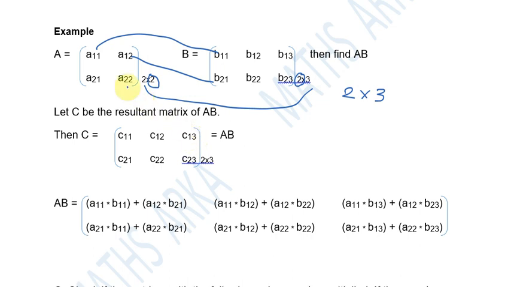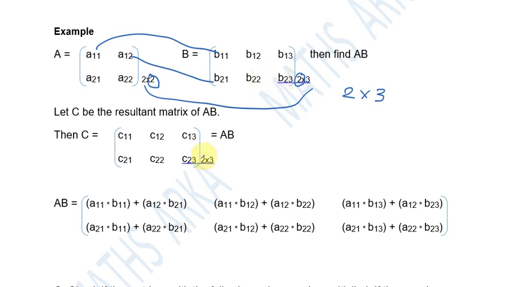So the first row from the first matrix and the third column from the second matrix would give us the result. The product would be of the first element with the first element of the column of the second matrix, and then add it to the second element of the first matrix with the second element of the second matrix.